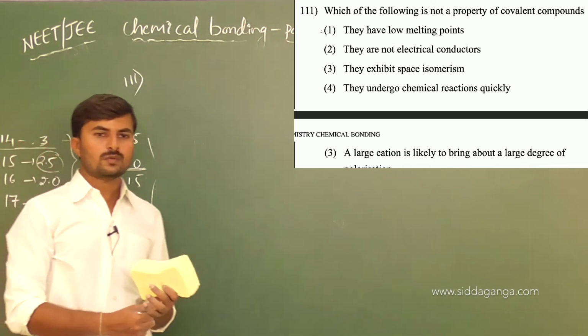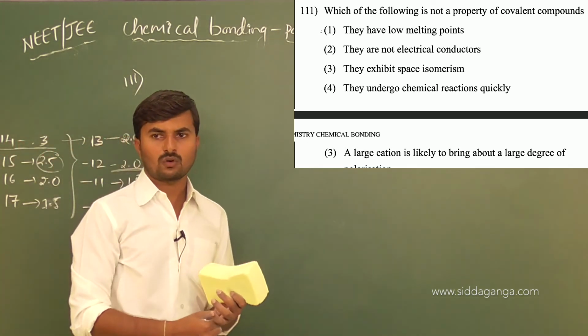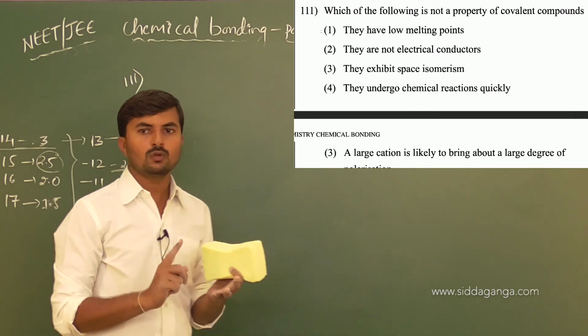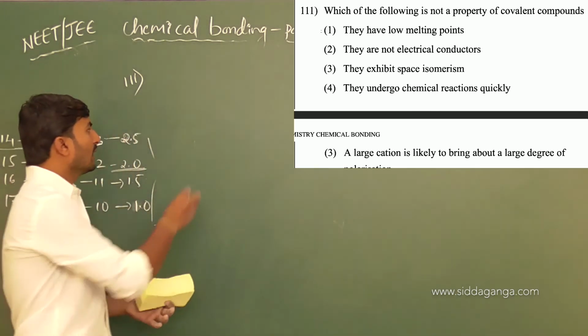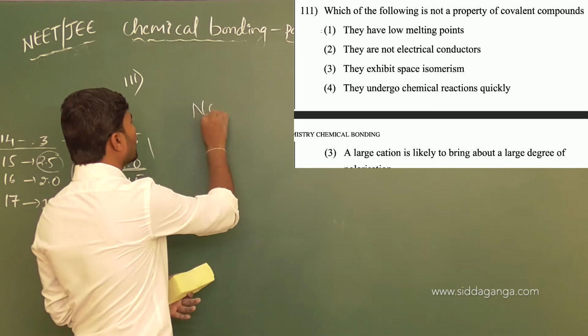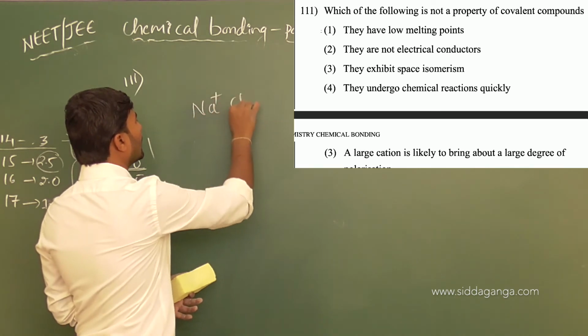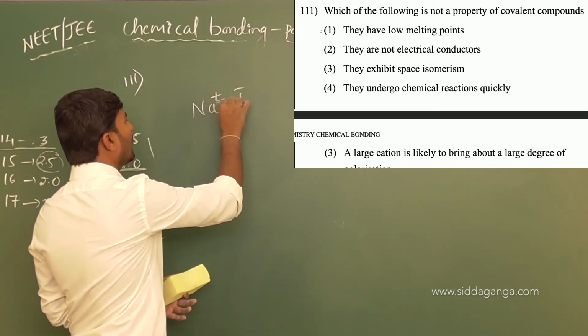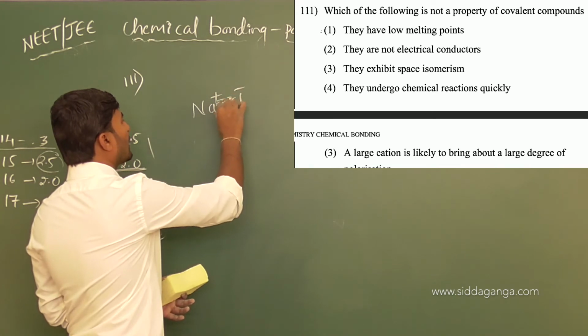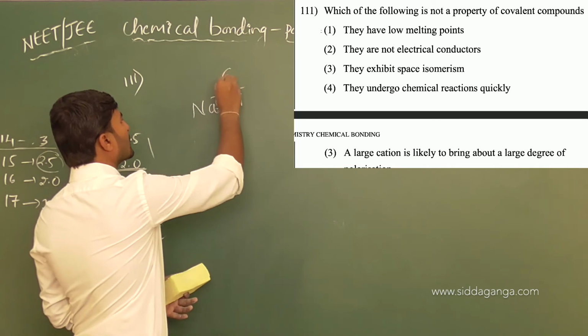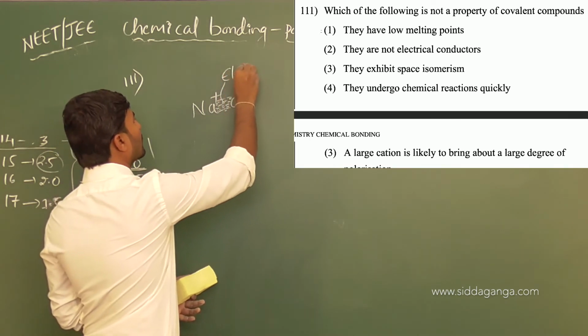So the first three options are correct with respect to covalent compounds because they have low melting points. If you consider an ionic bond, that bond is formed between the positively charged cation and the negatively charged anion, where between them there is a strong electrostatic force of attraction.